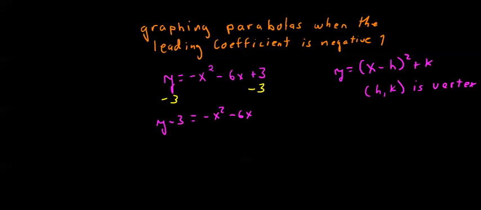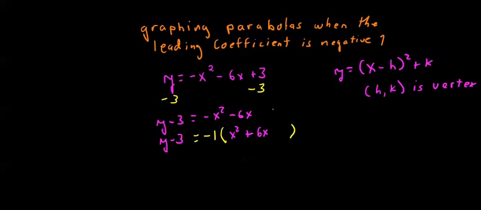Maybe there's 2 steps. What we want to do to begin with, on this right side, is to factor out a -1. So now we have y minus 3 equals, and now it's x squared plus, negative times positive is negative, 6x.